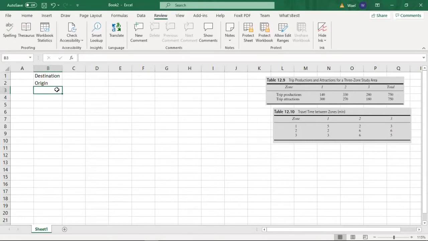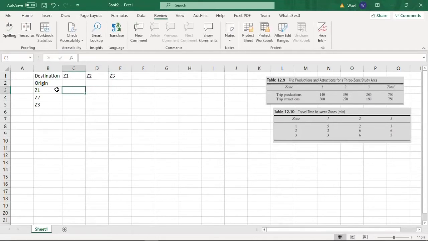So we have here zone 1, zone 2, zone 3, and we have here also zone 1, zone 2, zone 3.